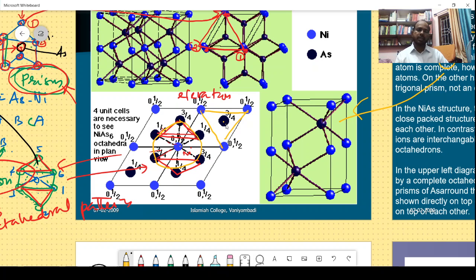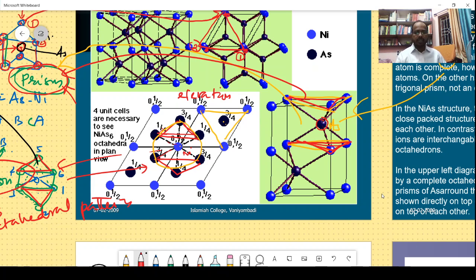Okay, if you have arsenic at the center, you can see that here arsenic is at the center, and the nickel atoms are occupying a particular pattern. You see both of these, they appear like this one. See, this is the nickel atom. 1 nickel, 2 nickel, 3 nickel. You get a triangle like this. Okay, and then again, if you have arsenic at the center, you get another triangle which is eclipsed. Therefore, you get a prism pattern like that.